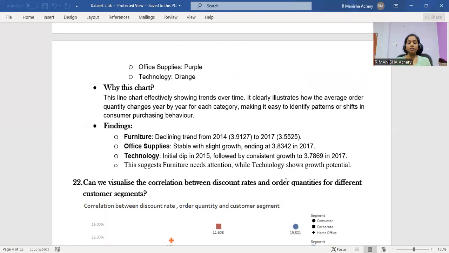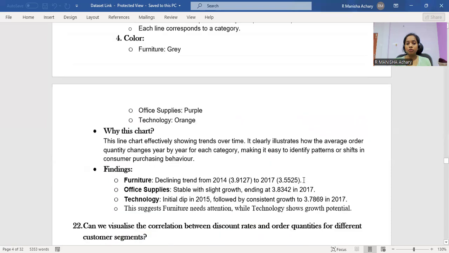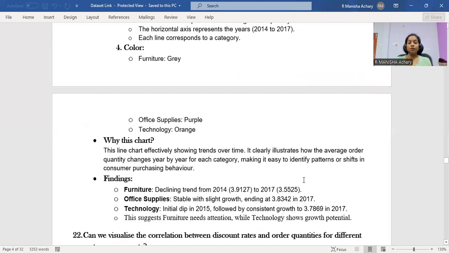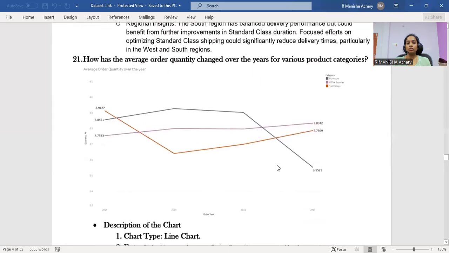Furniture: a declining trend from 2014 to 2017. Office supplies: stable with slight growth, not too high, not too low, slightly growing. Technology: an initial dip in 2015, followed by consistent growth.